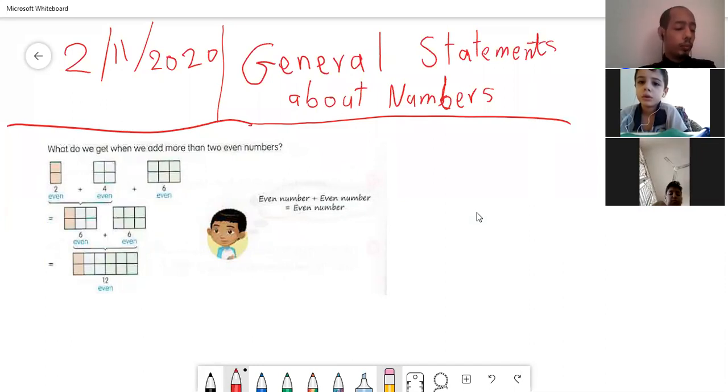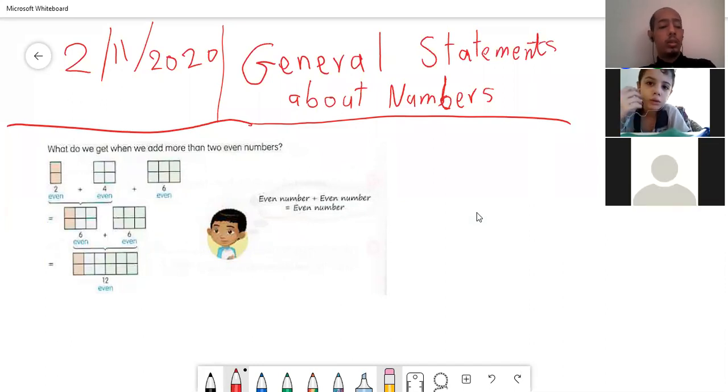We learned some statements related to numbers and some facts that are associated with adding, subtracting, multiplying, and generally adding and multiplying the numbers, odd and even numbers. Today we are going to repeat this lesson again.